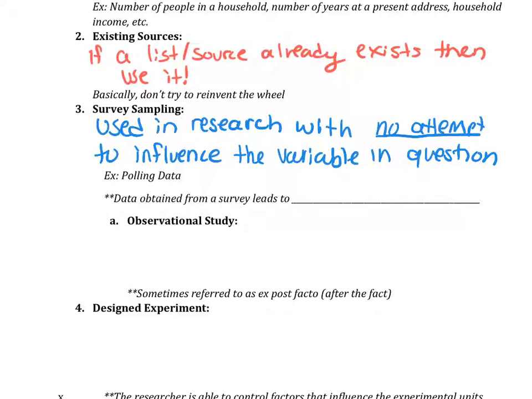Okay, so you're just asking questions, you're getting answers, you're observing what's happening, you're not trying to change anything, you're not trying to influence any outcome. So polling data, like who did you vote for? It's something that already happened, they're just relaying you that information. Data obtained using this method from a survey leads to what's called an observational study, which we'll talk about in a second.